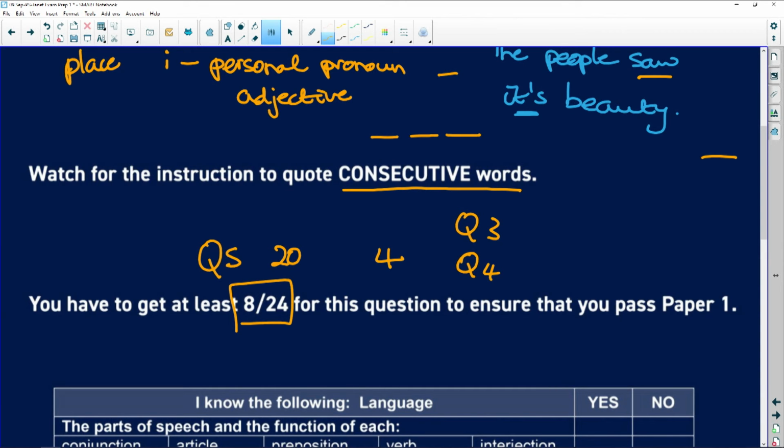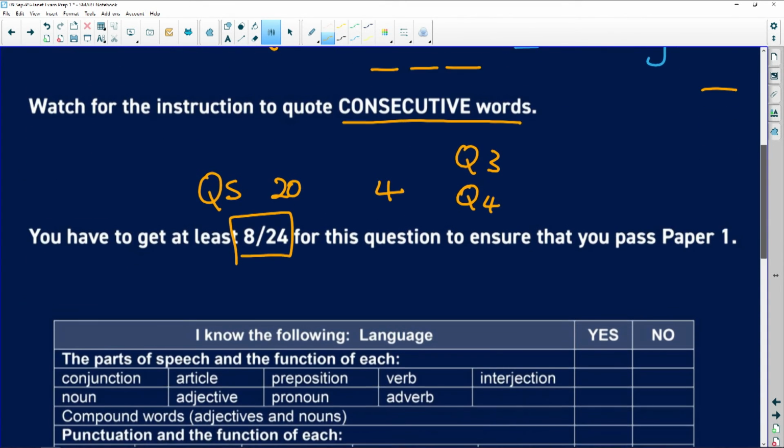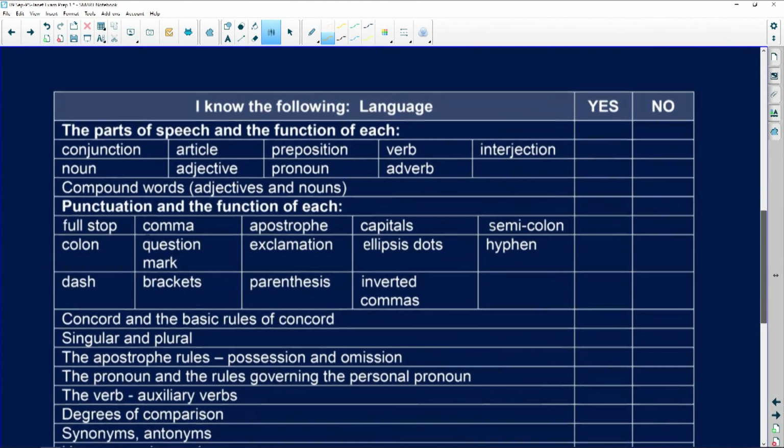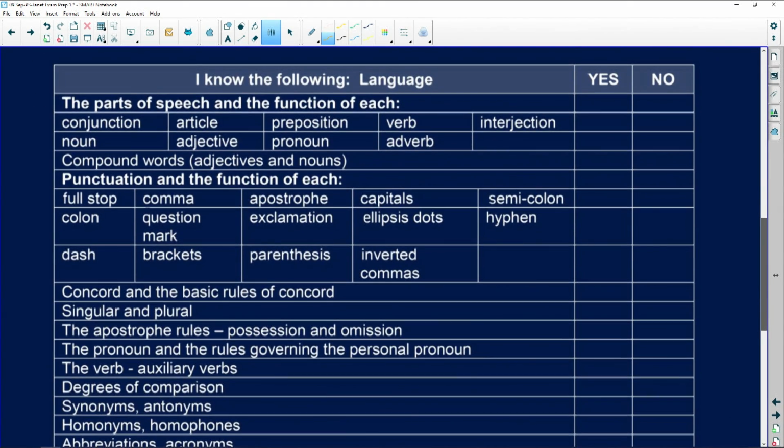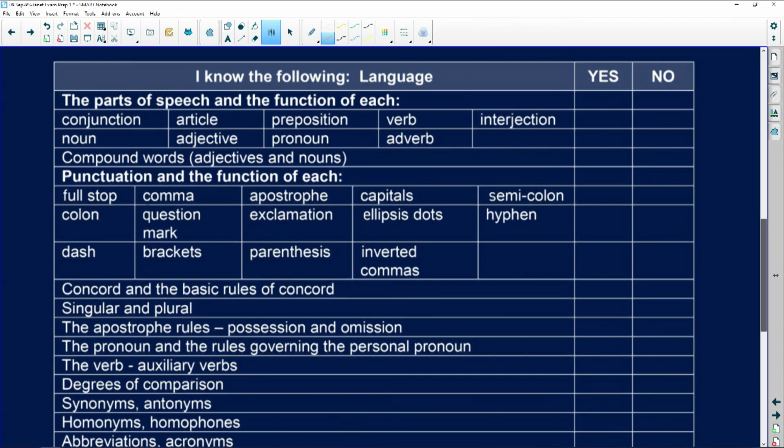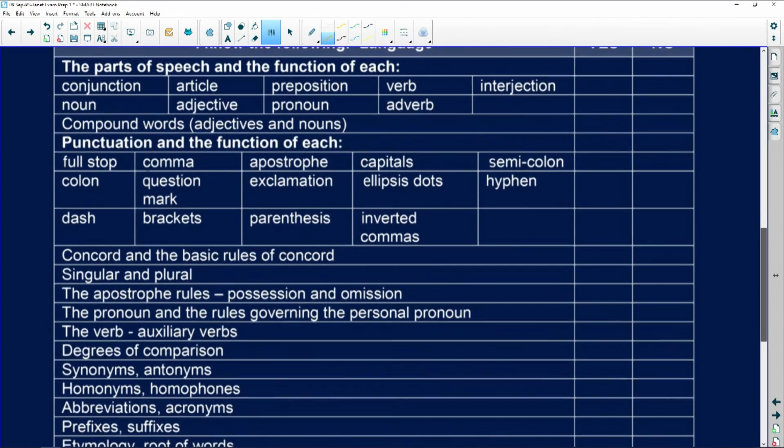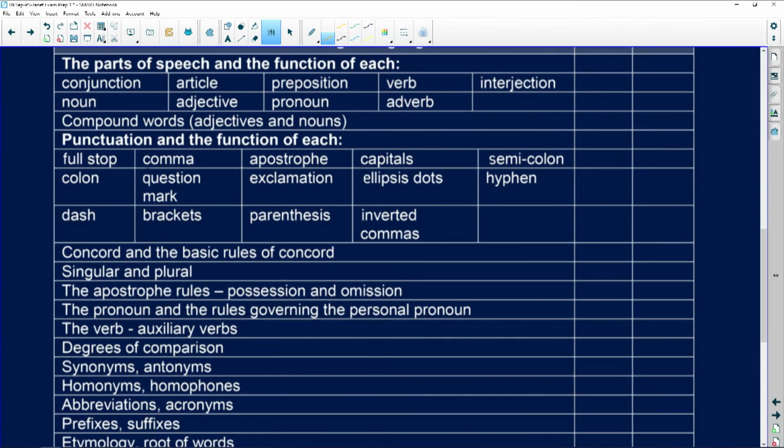And what I am saying is if you go over all of this, so let's just look at a checklist. So I know the following, yes or no. If you look through that, and you can say, I can recognize all of that, I can do all of that, then you will get 24 out of 24.